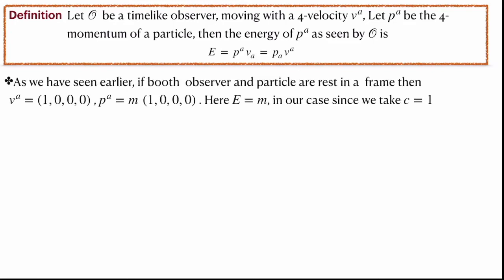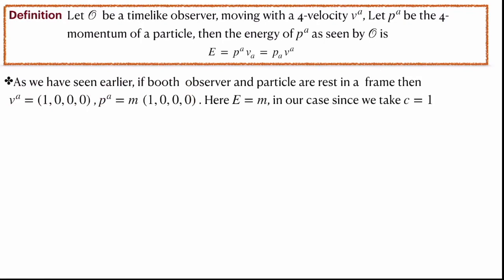Let's try to understand this by taking the various examples which we have already gone through. As we have already seen, if both observer and particle are at rest in a frame, that means the observer itself is at rest with respect to the particle, then the observer's 4 velocity V^a would be (1,0,0,0), and the 4 momentum of the particle would be m(1,0,0,0).